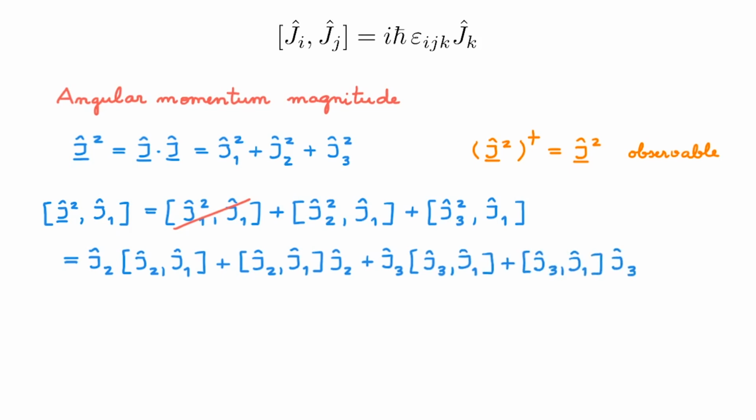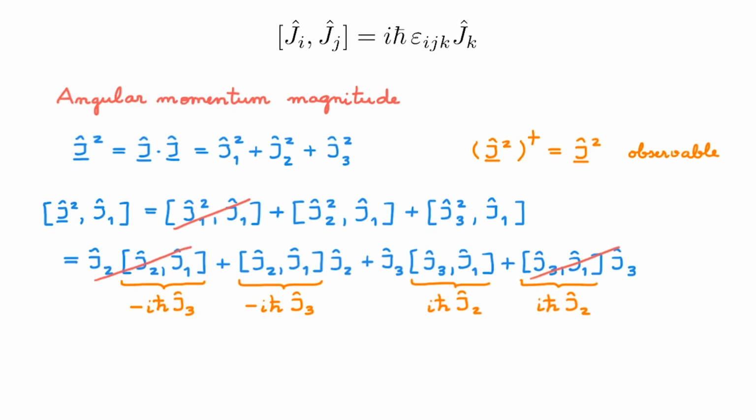Using the defining commutation relations for angular momentum, these 2 commutators are equal to minus i h bar J3, and these 2 commutators are i h bar J2. We can see that this term cancels with this term, and this one with this one, so that the commutator vanishes. We can repeat the same exercise for the other components, and they will vanish.